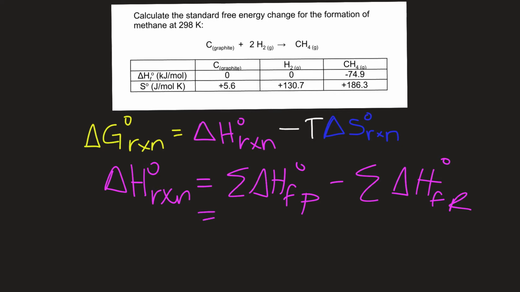So the product is going to be negative 74.9. Remember, if you had a coefficient out there, you'd multiply it. Minus, oh, look, this is pretty nice. These guys are 0 because they're in their standard states. So it's just going to be minus 0. Therefore, your enthalpy change for the reaction is simply negative 74.9 kilojoules per mole. So we got that one pretty easily.